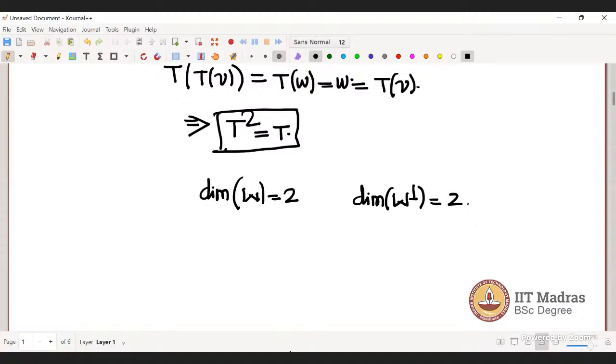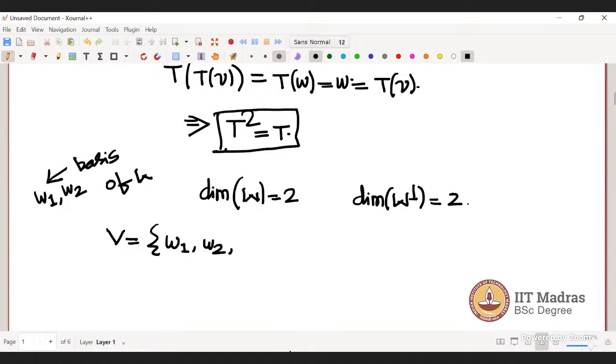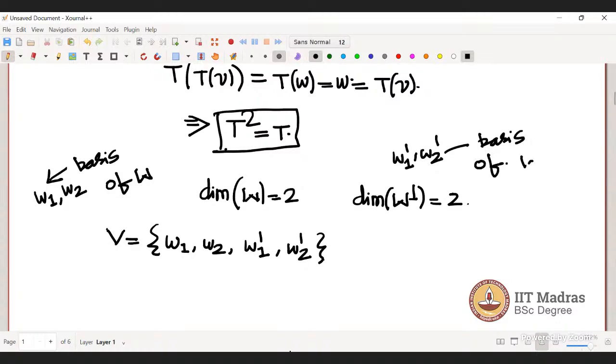So consider a basis W1, W2, which is a basis of W, and W1 dash, W2 dash is a basis of W perp.